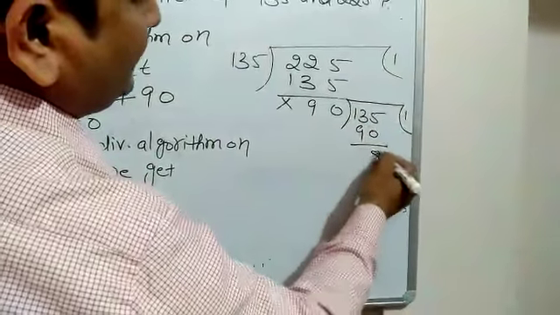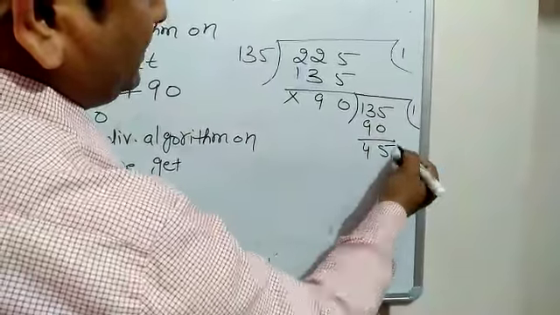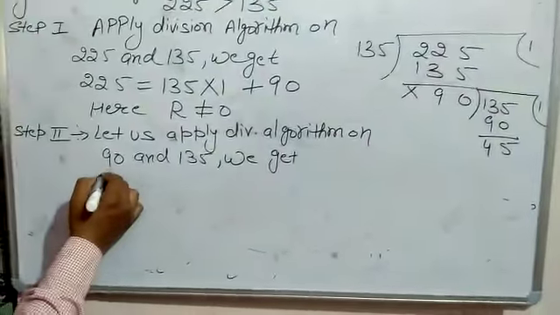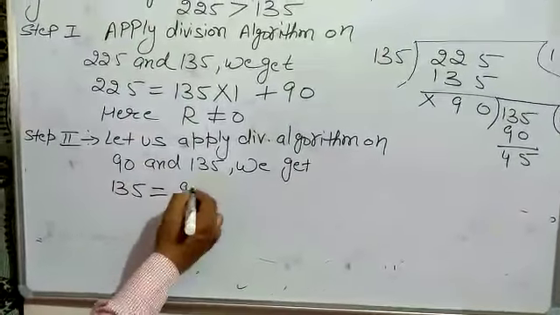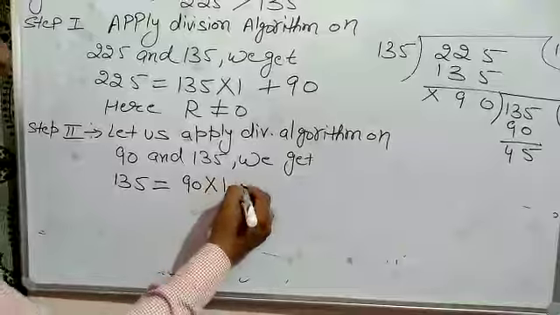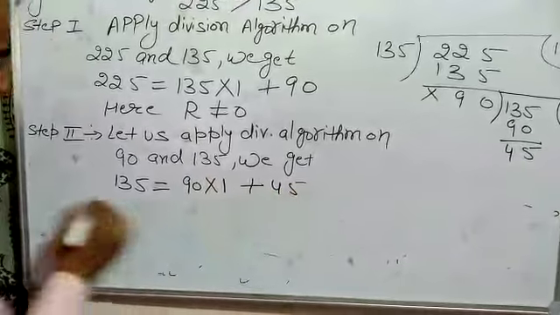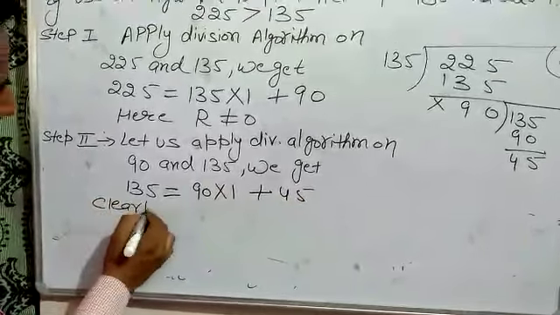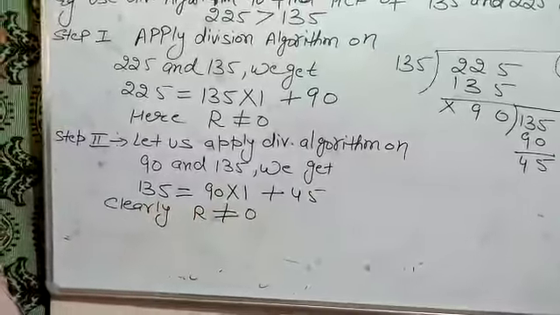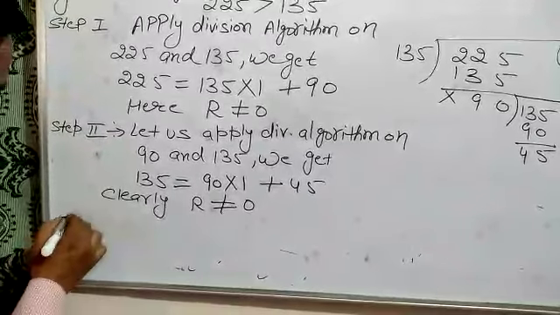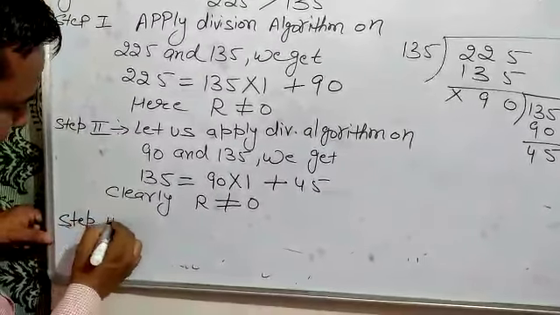So here we get 5, 13 minus 9, 4, 45. We get dividend 135 equals divisor 90 multiplied by quotient 1 plus remainder 45. So clearly the remainder is 45, which is not equal to 0. So we have to proceed to step number 3.